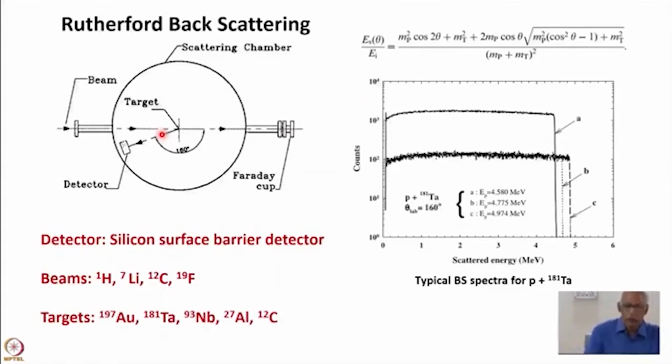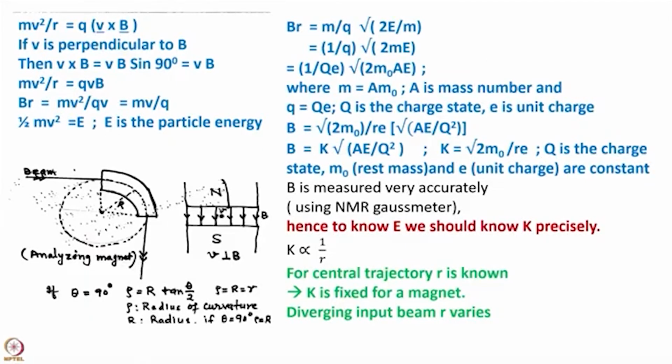That can be taken care of by putting well-defined collimators, so that only the central beam passes through the magnet. You can put another slit at the exit of the magnet to define the central trajectory very precisely.